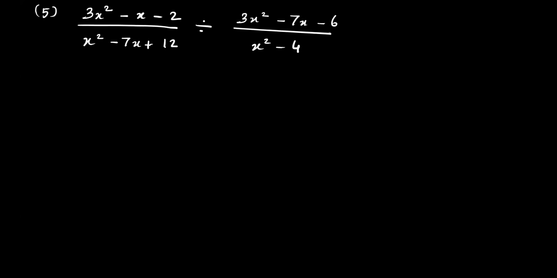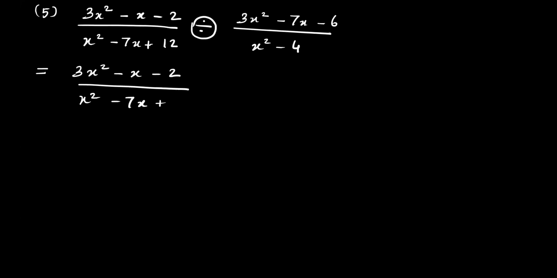Okay, let's try Nishita from JB Nagar. Hello, Nishita. Can you see the sum? Yes, sir. Now remember, whenever you have a division sign in between, we cannot cancel anything. So in the next step we'll write the same thing in the first part, 3x square minus x minus 2 upon x square minus 7x plus 12.